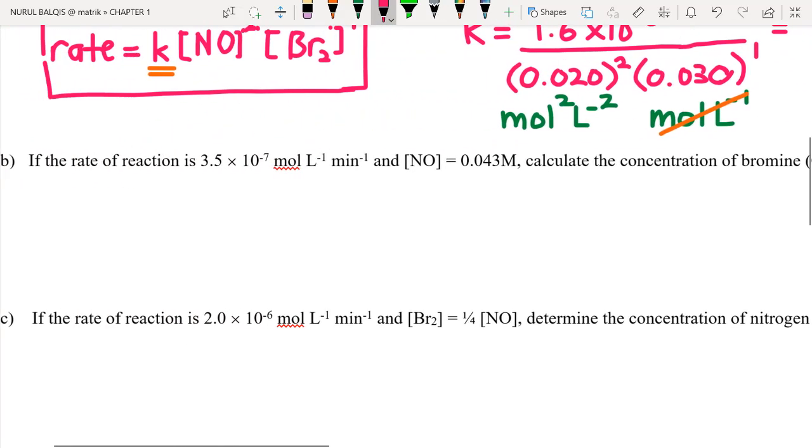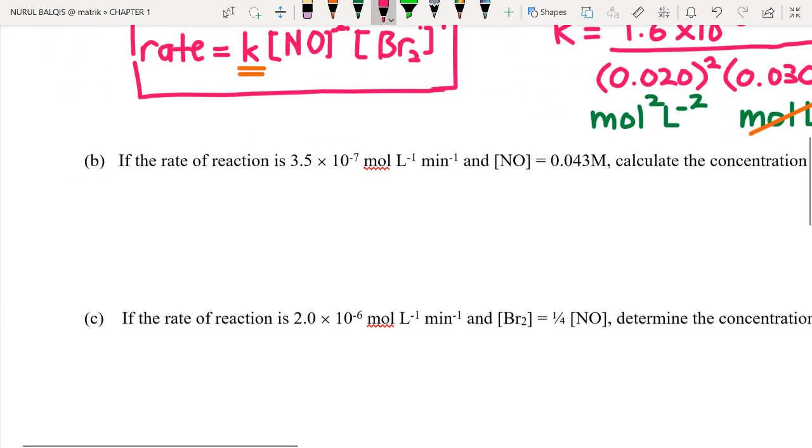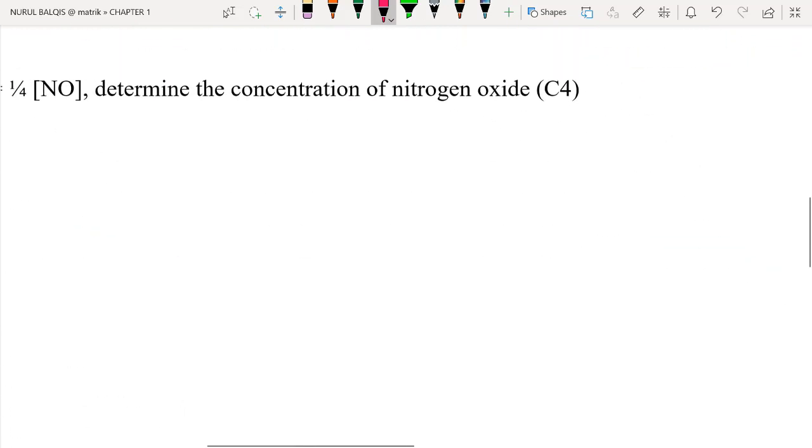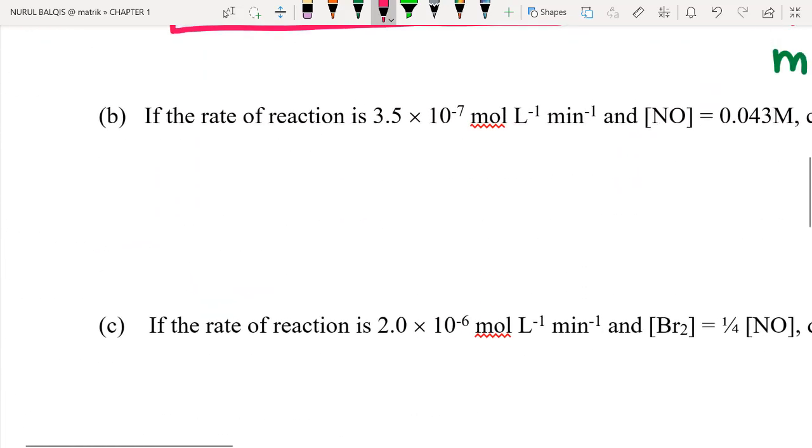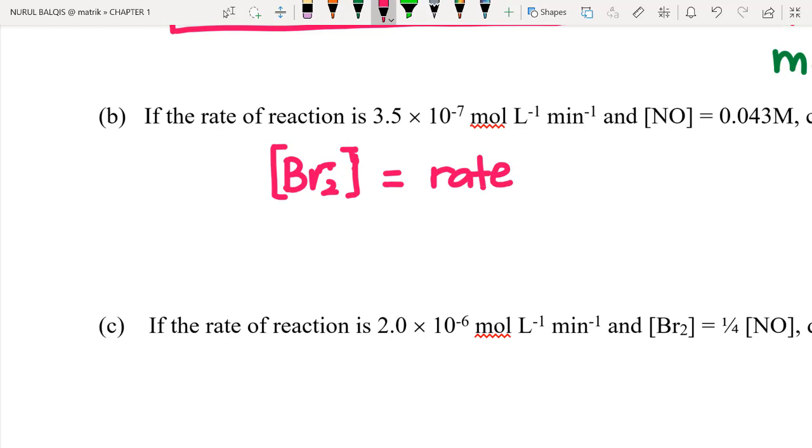Now we rearrange the rate law and make the Br2 concentration be on the left hand side. We're going to have Br2 on the left hand side, and we know that it is raised to the power of 1. Then we're going to have rate over rate constant times the concentration of NO raised to the power of 2.